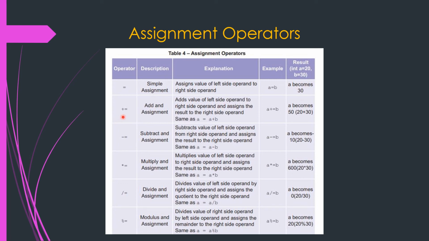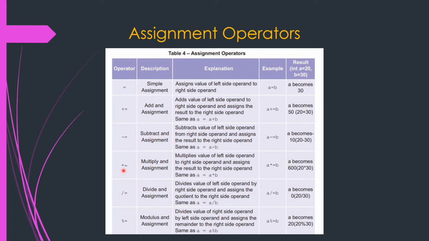Similarly, the rest of the operators perform the same operation. They assign the values, whichever operator is used. For example, we have used plus and then equal to. So first it will add and then it will assign the value. Then minus equal to: it will first subtract and then assign the value.